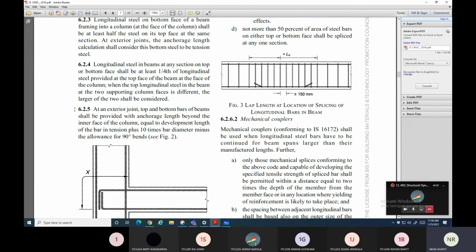Then this 6.2.5: at an exterior joint top and bottom bars of beam shall be provided with anchorage length beyond the inner face of the column. कितना?